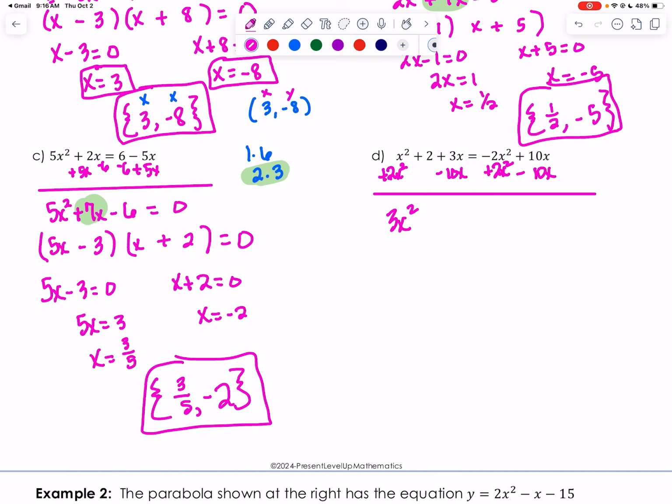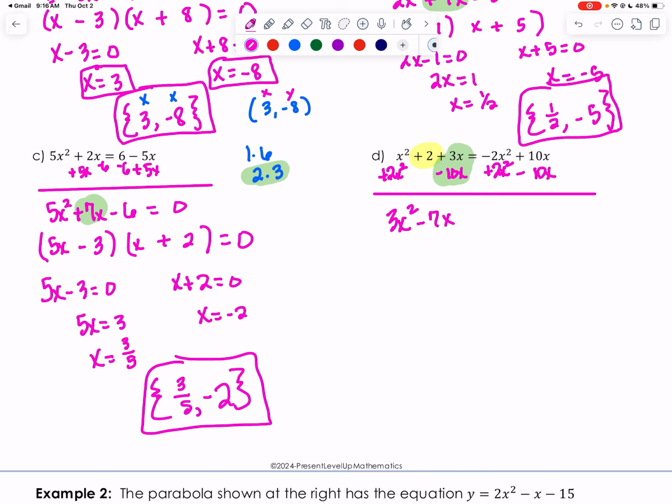Now, here's where you have to be a little careful. I want to make sure this is in standard form. So I need to find the sum of the x terms. So 3x minus 10x would be negative 7x. Then you would have your plus 2.